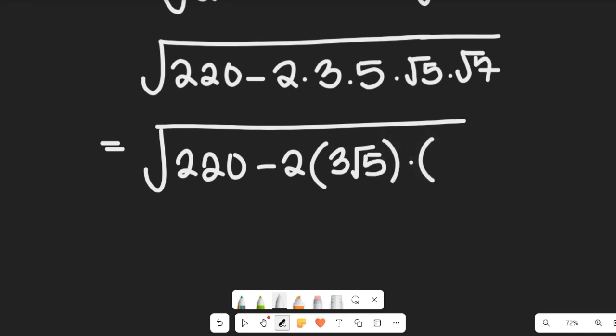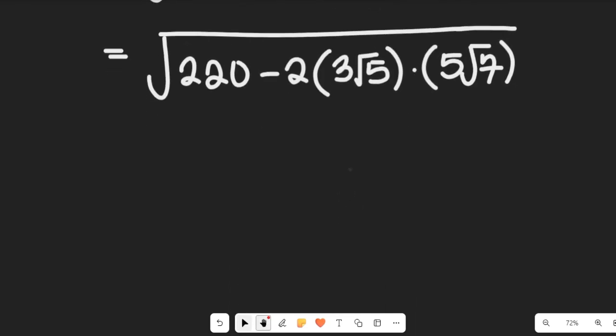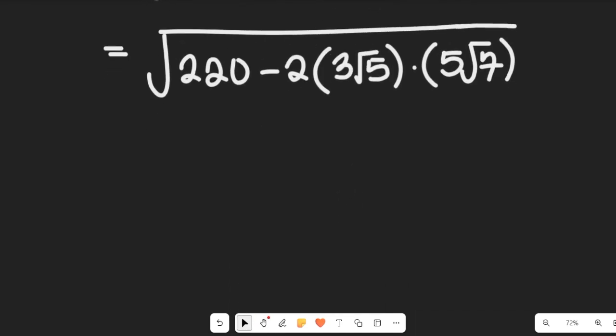And this will be multiplied by 5 root 7, and all these will be regrouped that way. Now come to look at this expression very well. From that expression, we can simplify this properly by invoking an algebraic expression.